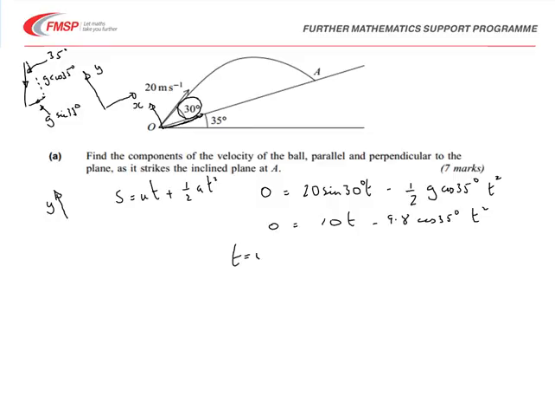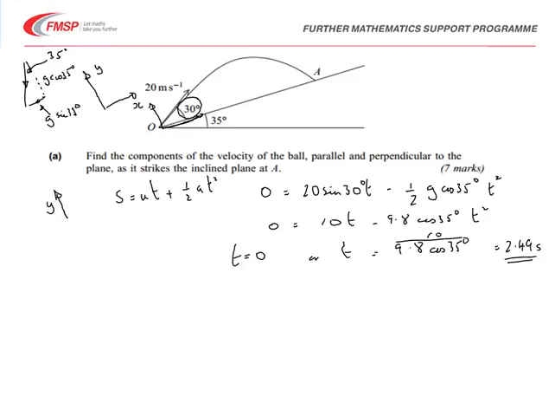So t equals 0, obviously that's when it started, or t is equal to 10 over 9.8 cosine 35 degrees, and that turns out to be 2.49 seconds. So the time of flight is 2.49 seconds.